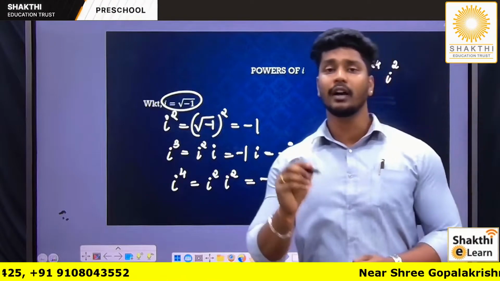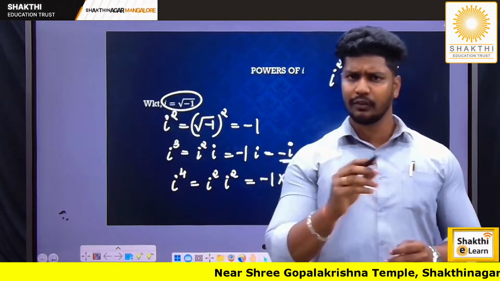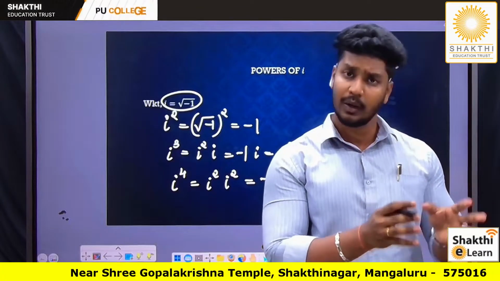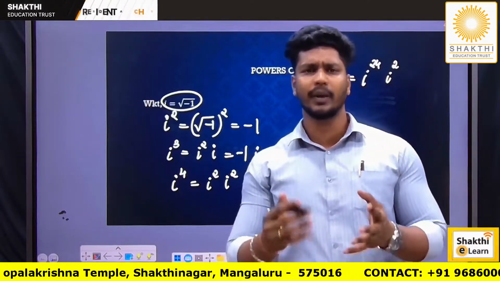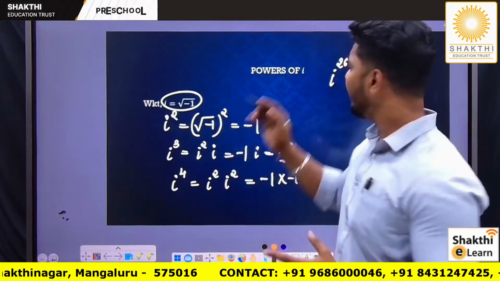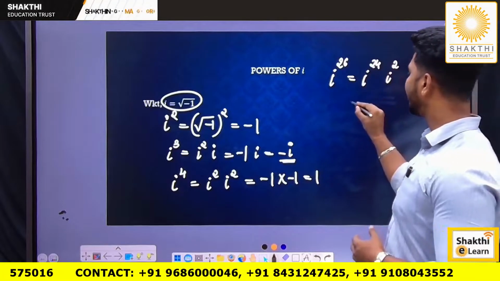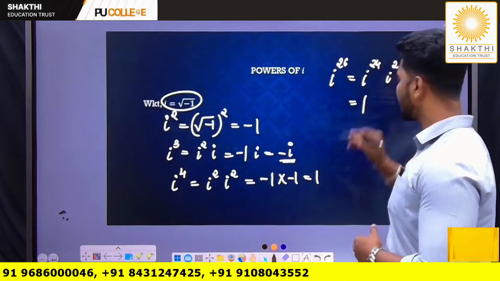Because i to the power 4 is 1, I know i power 8 will also be 1, because i power 8 can be expanded as i power 4 into i power 4, that will be 1. If i power 4 is 1, i power 12 is 1, i power 16 is 1, i power 20 is 1, i power 24 will also be 1. So we are expanding to the nearest power of 4. i power 26, I'll write it as i power 24 into i power 2. Now i power 24 will obviously be equal to 1.